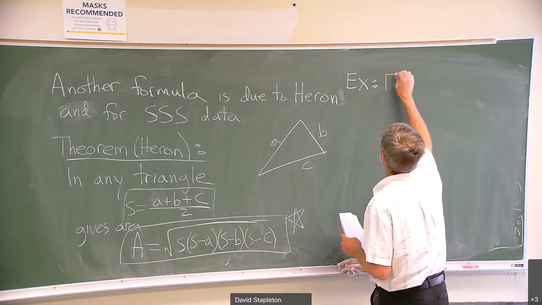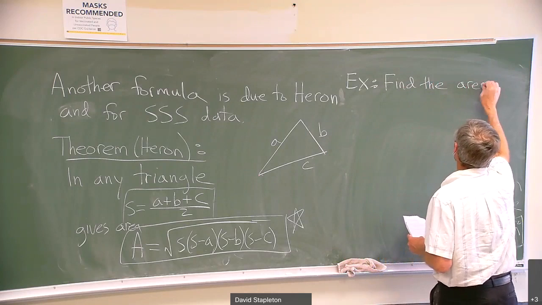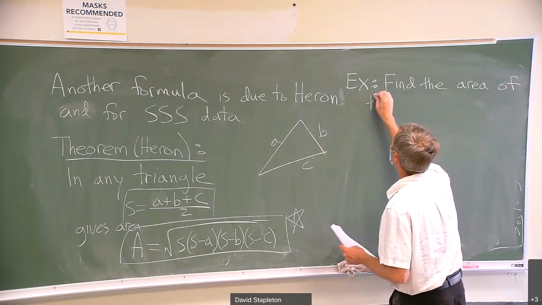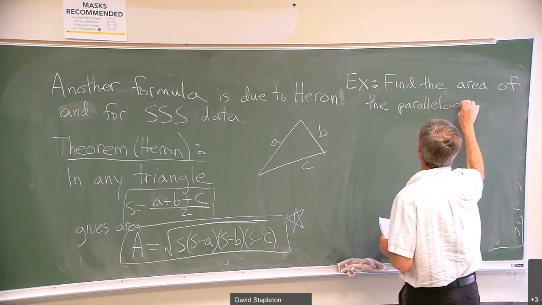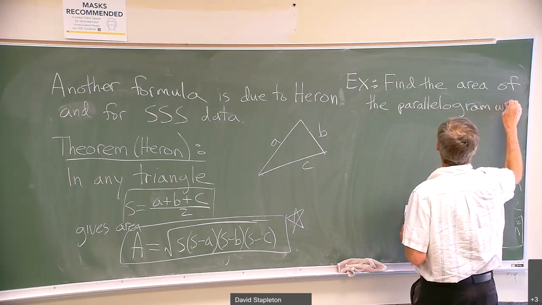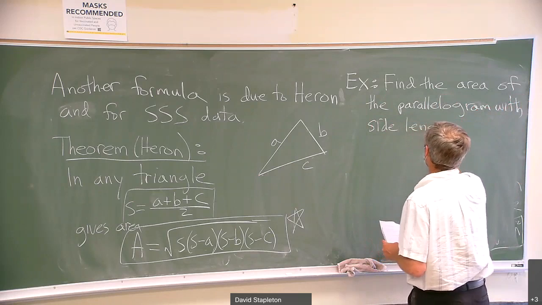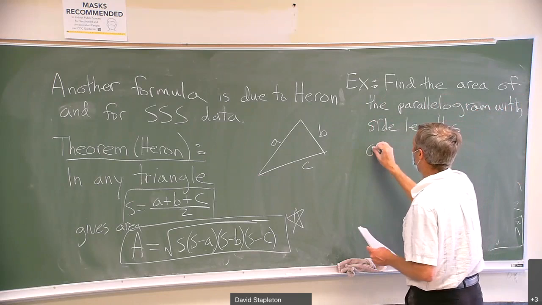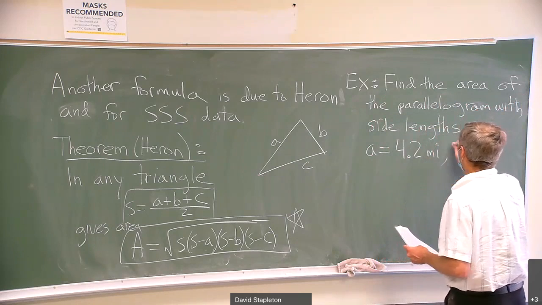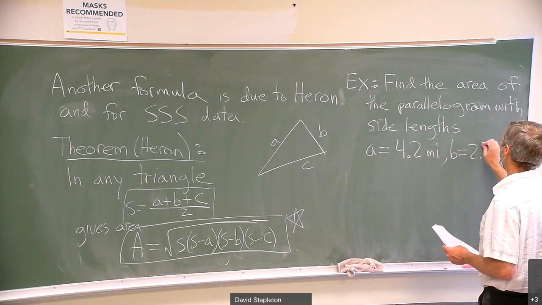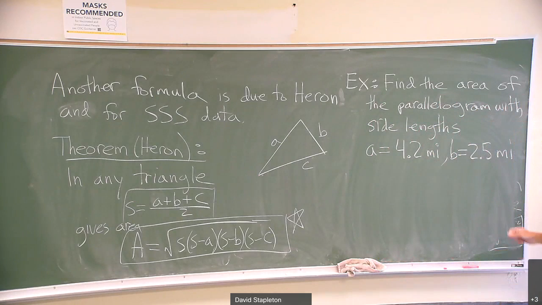All right, so find the area in square miles of the parallelogram with side lengths say A equals 4.2 miles and B equals 2.5 miles. Suppose you have a piece of land that's like that. How many square miles is it?